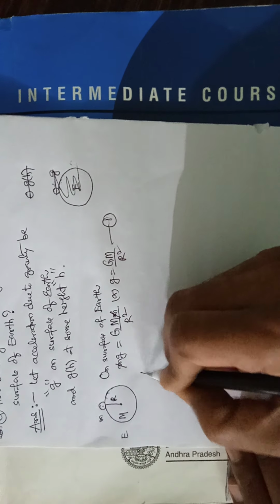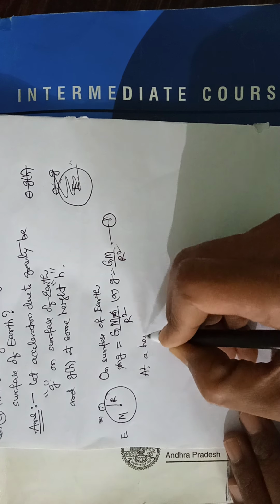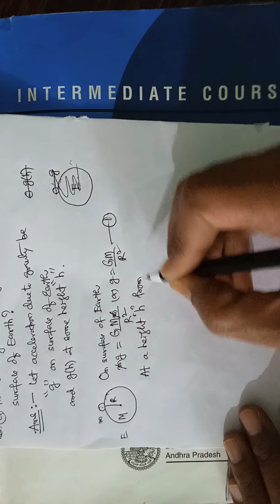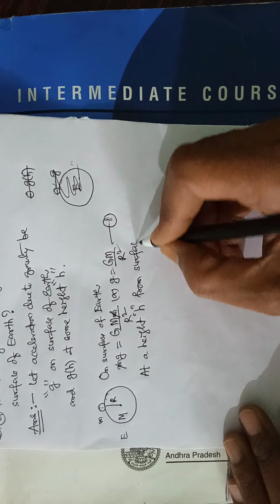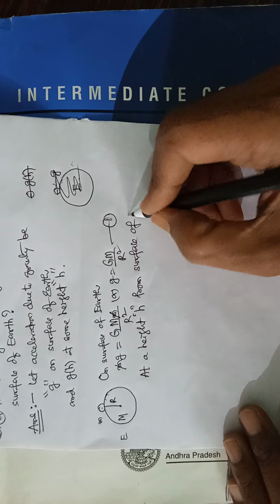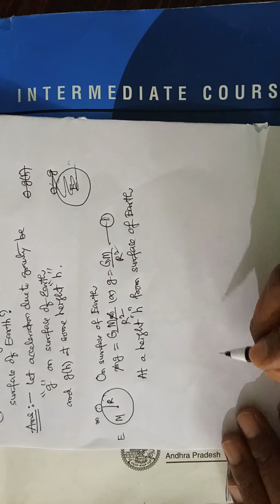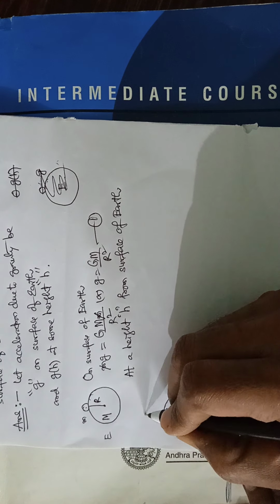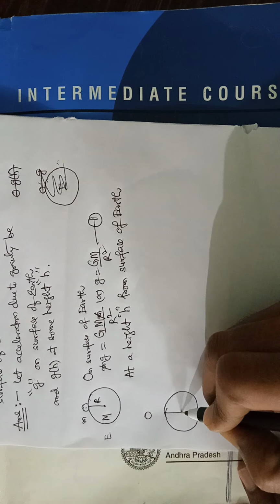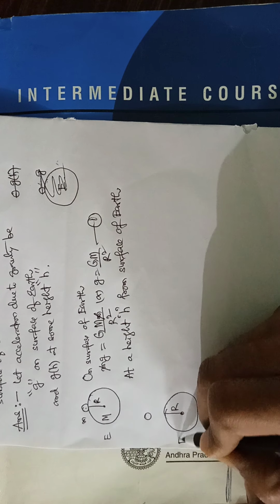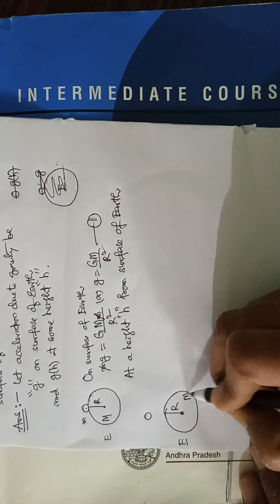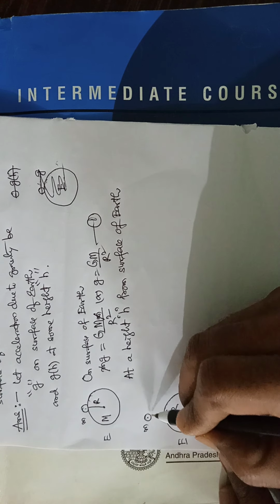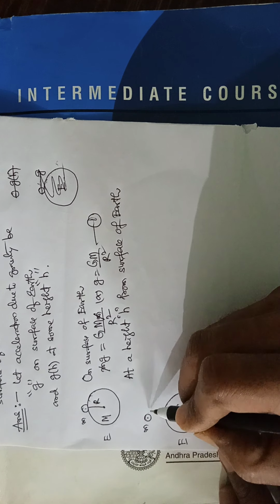Now, at a height h from the surface of Earth, this is the Earth and the object is here. Here to here radius, its mass is m, and this is h.